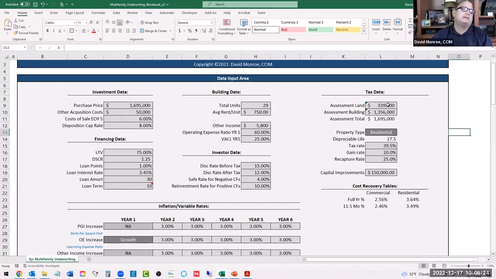Looking at the assessment of land and building, it does look like it was local because we've got really, really low land value in Alabama. So it had to have been in Alabama or Mississippi. I just don't remember where.